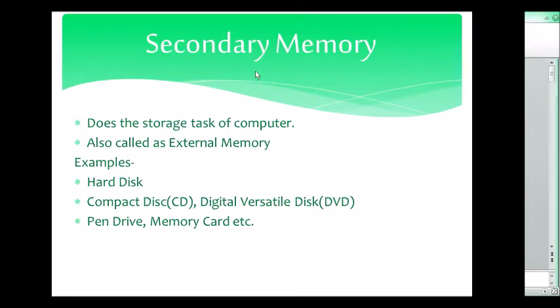Secondary memory means we are adding extra to the computer, we are adding from outside. That is why this is called external memory. We see some external memory devices, that is secondary memory devices. They are hard disk and CDs, compact discs, DVDs, digital versatile discs, pen drives, memory cards, etc. We'll see all these things clearly.